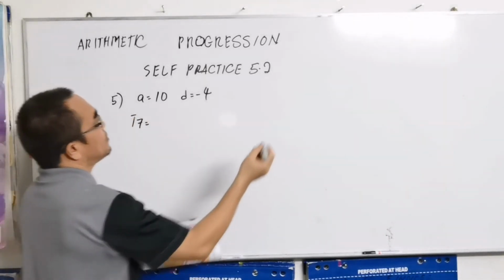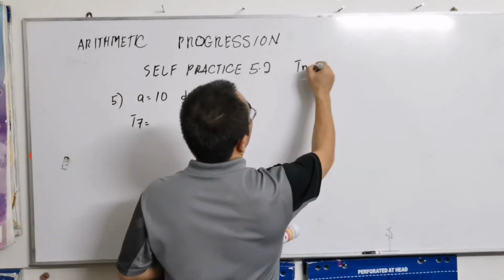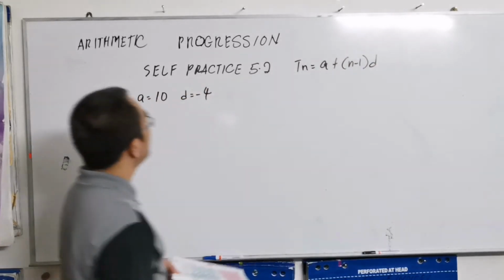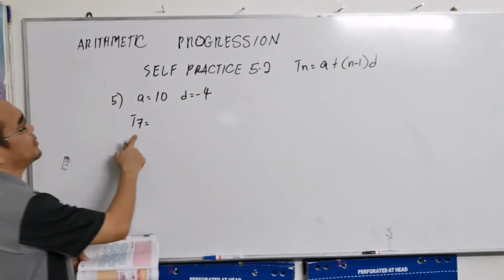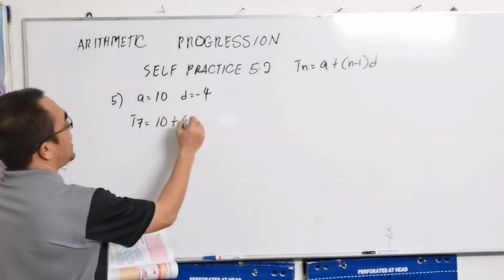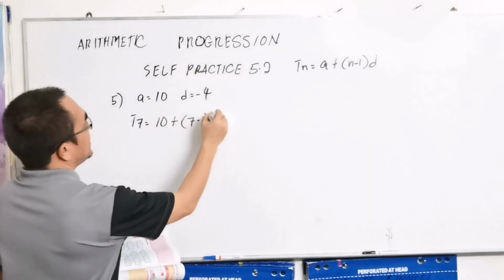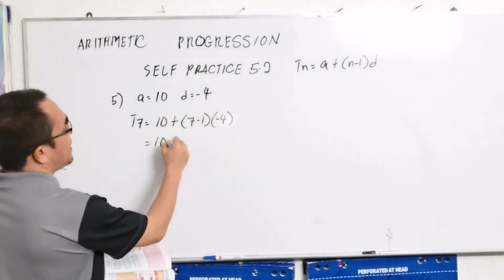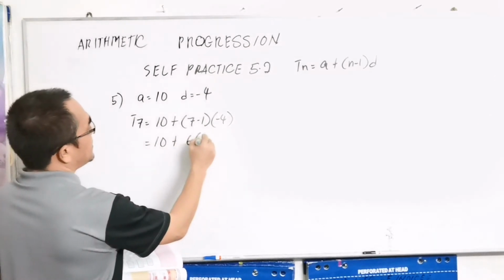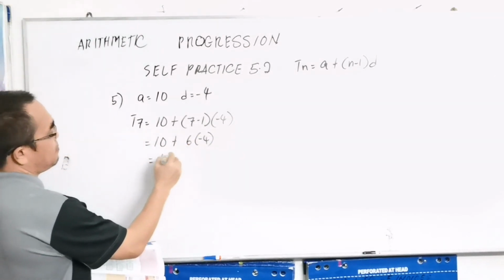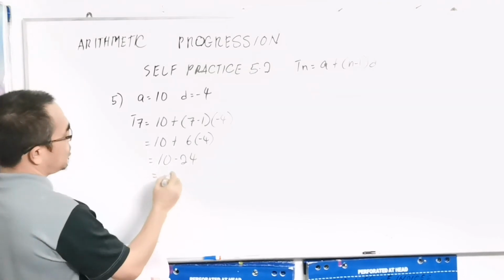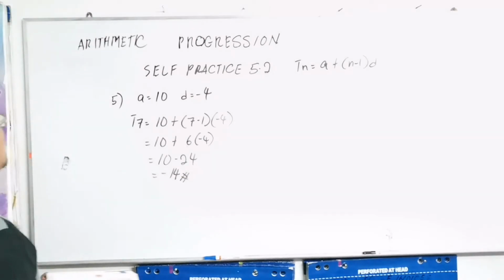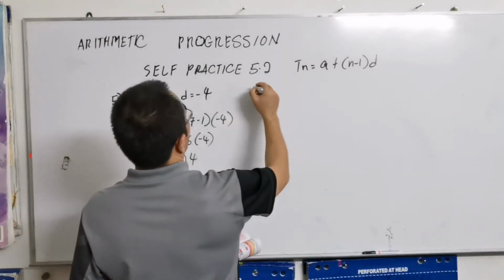Just replace: Tn equals A plus n minus 1 times D. So for T7, A is 10 plus 7 minus 1 times negative 4. So 10 plus 6 times negative 4. So 10 minus 24, which is equivalent to negative 14. And then the sixth question.